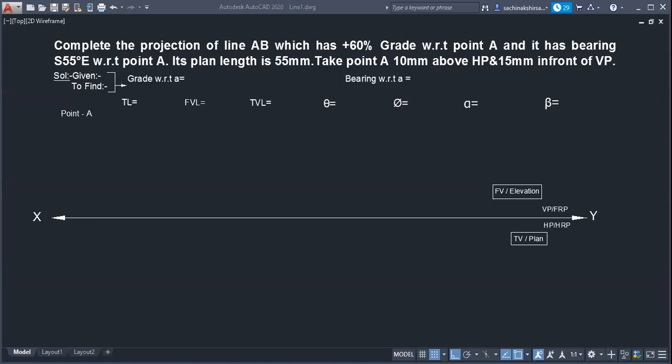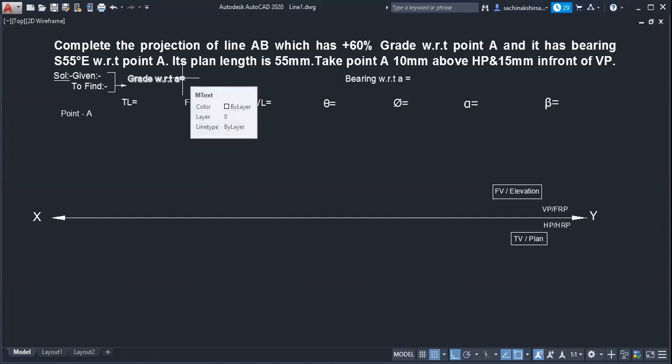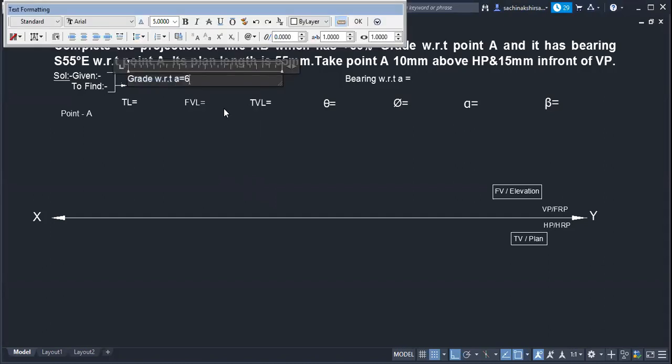So 60%, how can we convert grade in terms of numerator and denominator? 60 divided by 100. We can convert it to 60 divided by 100, and it is something like y by x, correct?